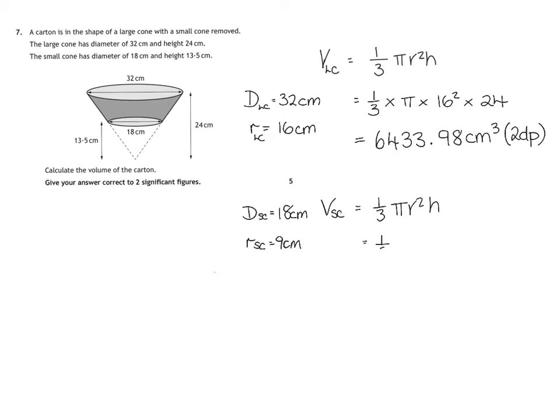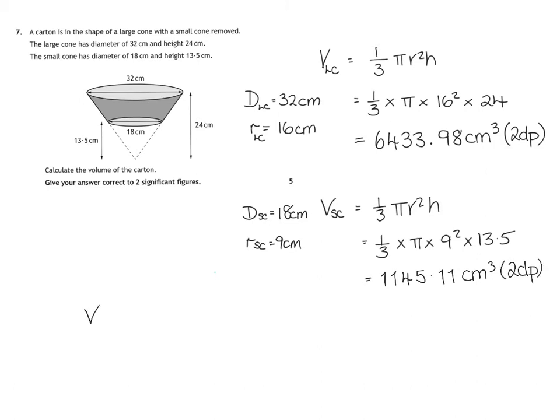So it's 1/3 times pi times 9 squared times 13.5. Putting that into our calculator, we get 1,145.11 centimeters cubed to 2 decimal places.